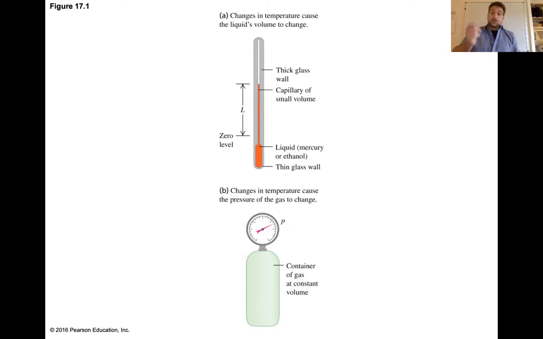So we know from experience that when we expose the thermometer to the environment at a different temperature, the soda in the cup, for example, the level of the liquid in the tube decreases because the iced soda is colder.